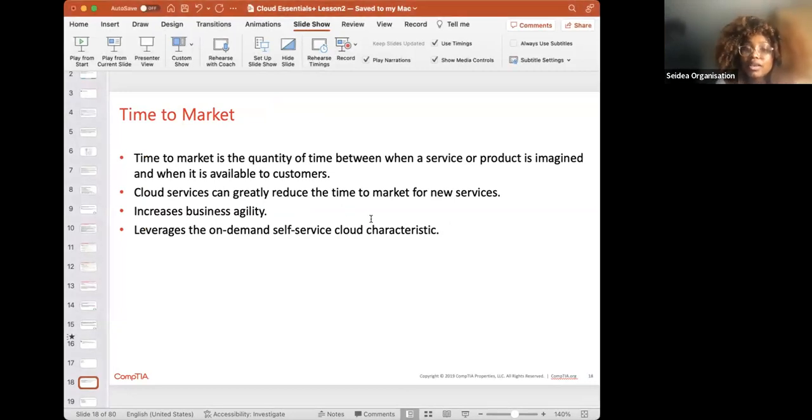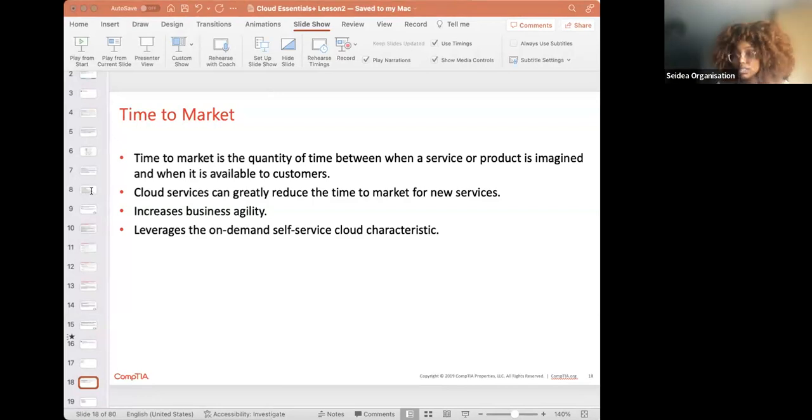Focusing on the benefits, cloud services can reduce time to market for new services. Why? Because of faster deployment and scalability, since it leverages the on-demand self-service feature. Also, greater business agility. Why? Because you have quicker adjustment to market changes.